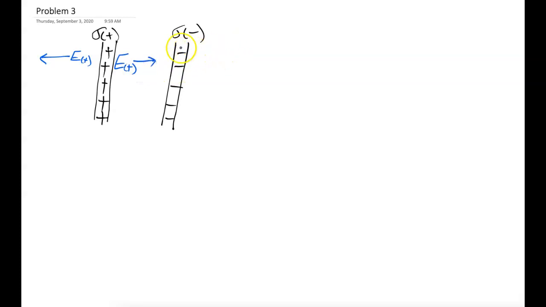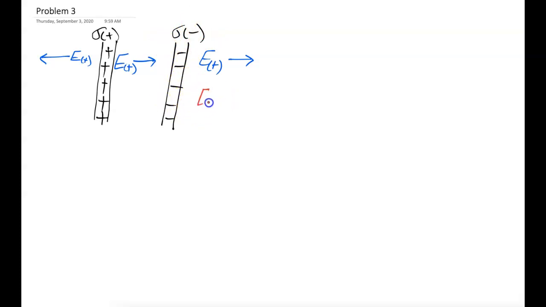And then it doesn't matter whether we have this negative charge distribution or not. On this side, the electric field due to the positive charge distribution will be going to the right. On the other hand, for a negative charge distribution, the E field is going to be heading towards the negative charge.